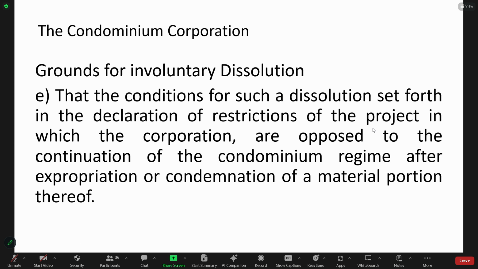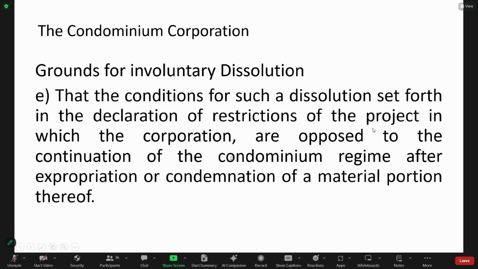So, kapag na-condemn or na-expropriate yung condominium project, tapos na-follow naman yung conditions that was set forth in the Declaration of Restrictions, then pwede na rin siya ma-dissolve involuntarily. Medyo hindi naman to nagagamit, pero very technical siya kasi kailangan na-follow pa yung declaration of restrictions of the project.